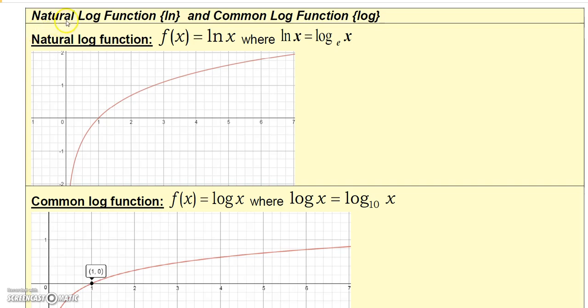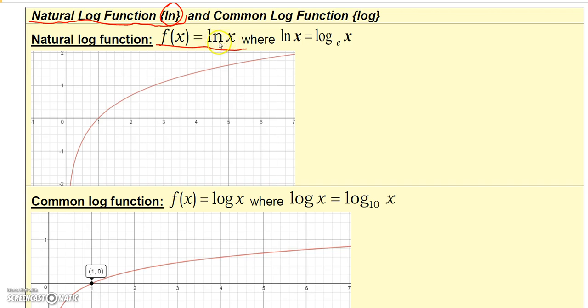In this section, I'm going to start talking about a couple of special log functions. One log function is called the natural log function, and we use ln to represent it. So if you see a function with ln, that just means that's the natural log function.